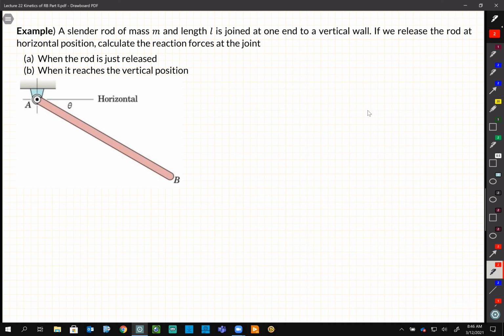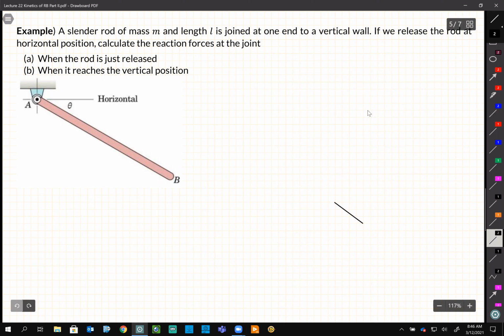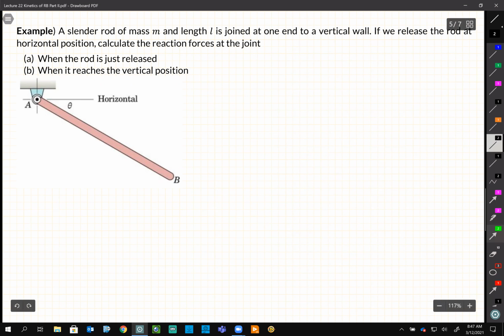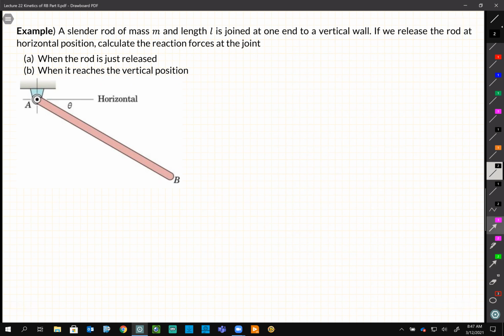So you have 30 seconds to think about it, and then I will ask somebody to tell us what they got. And while you're thinking about it, I will draw.